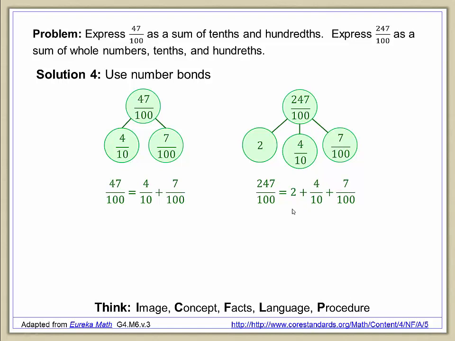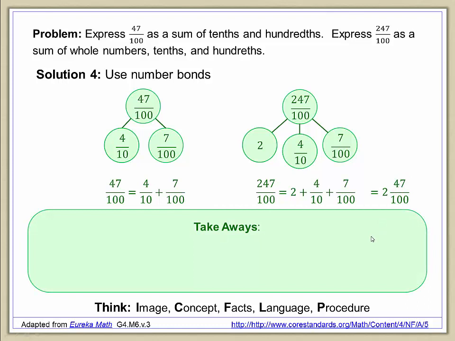And hopefully you'll recognize this as starting to get very close to the idea of the notation 2.47. We can also then look at this as 2 and 47/100ths as a mixed number, because we have our whole number and then the fractional part. So we have some takeaways here.